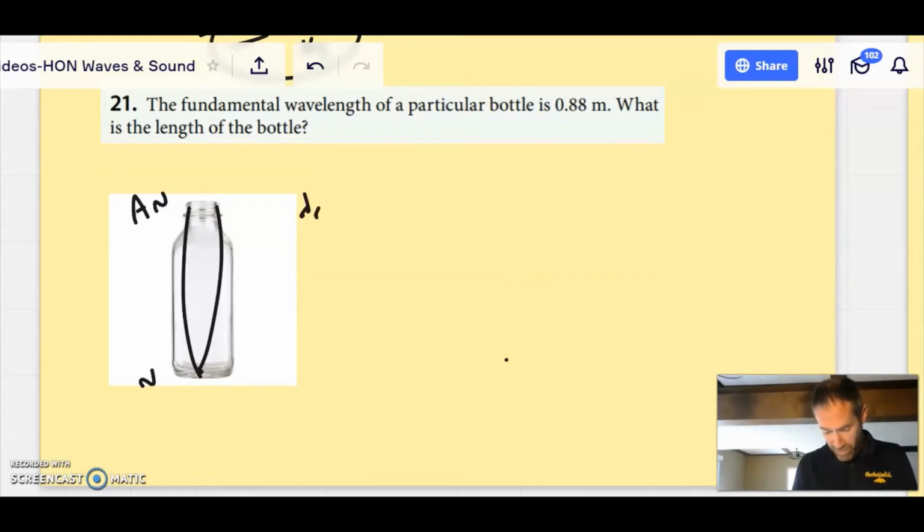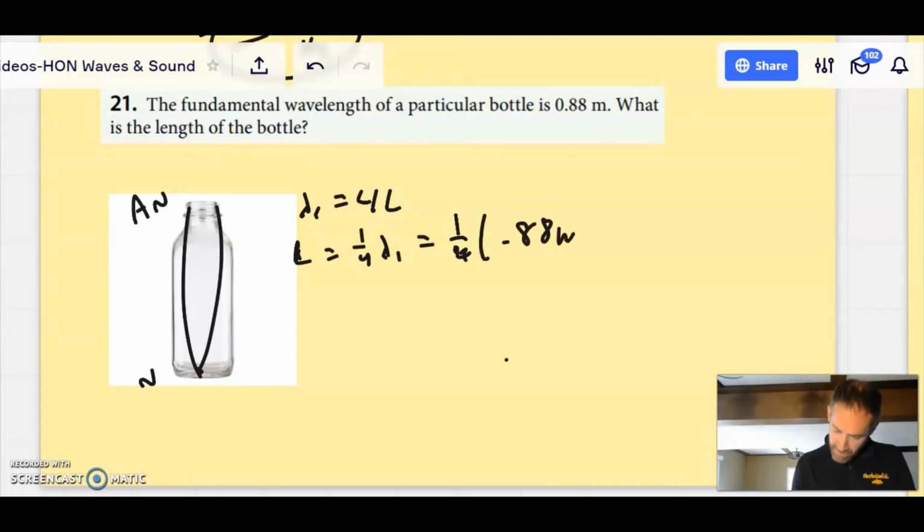The fundamental wavelength is 4 times the length of the bottle. And so the length of the bottle is 1/4 of the fundamental wavelength. So that's 1/4 of 0.88 meters, and that's 0.22 meters.